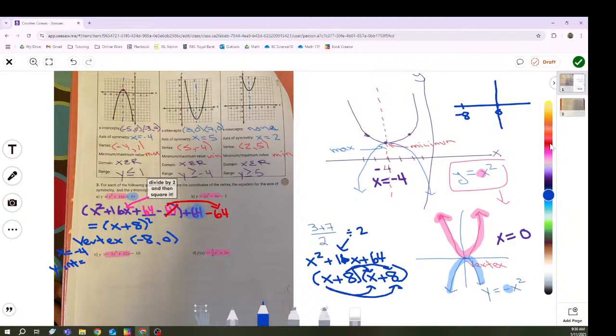We had our vertex at negative 8 and 0, which is here. My parabola was positive, so just as a sketch, my parabola is going to look something like this. So my line of symmetry wasn't going to be at minus 4. My line of symmetry, as in all the other questions, is where the x-coordinate of the vertex is. So it would have been at x equals minus 8, not minus 4. So at least it was only one thing we need to erase.